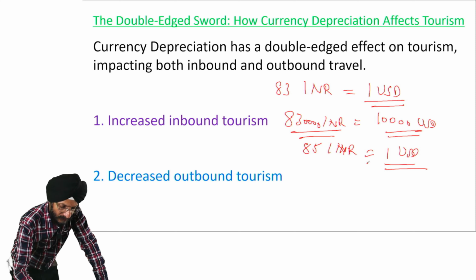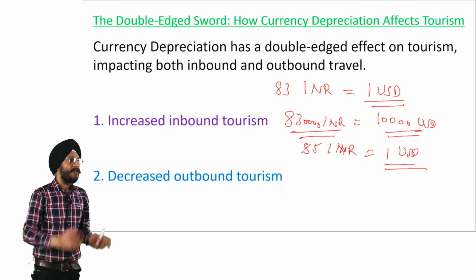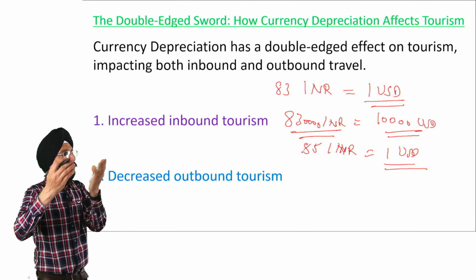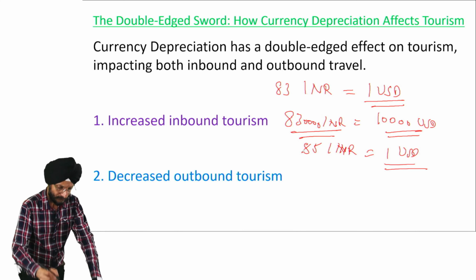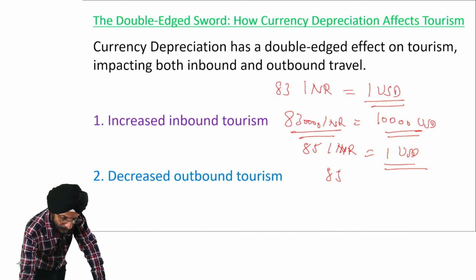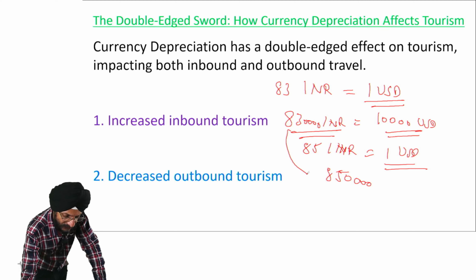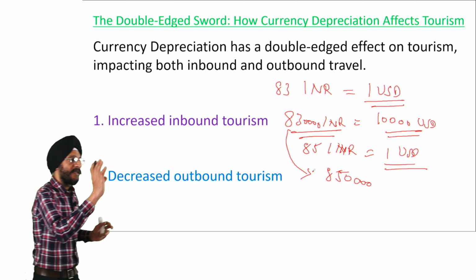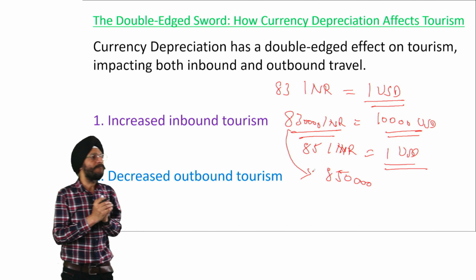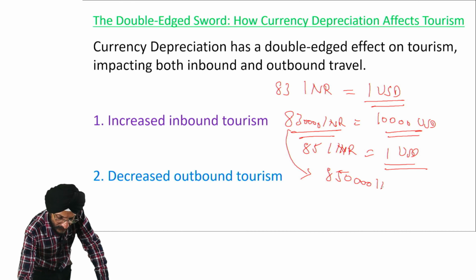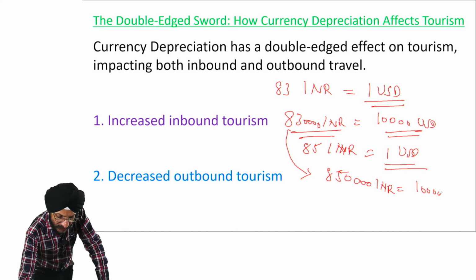So, if they come after depreciation of the currency, in Indian rupees they will now get 8 lakh 50,000, whereas they were earlier getting 8 lakh 30,000 for 10,000 US dollars.